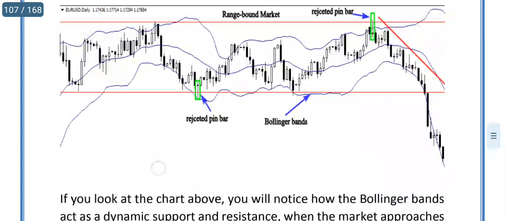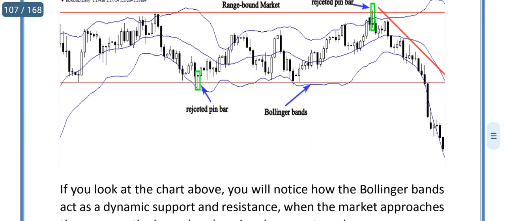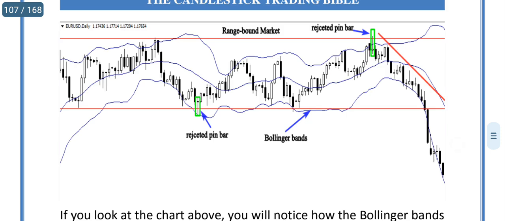You can observe, of course, that this illustration that you are seeing right now has two pin bars, and one of them is formed at a support level and another one at a resistance level.